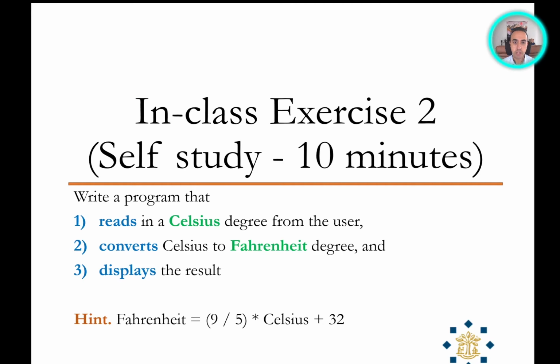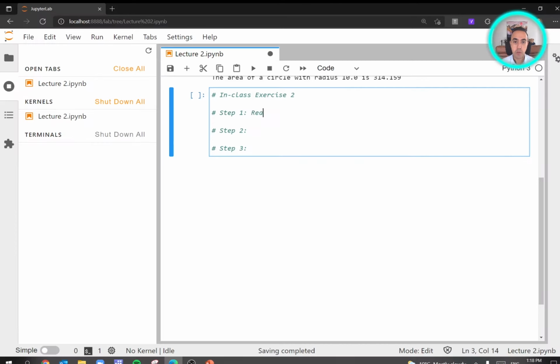The algorithm is actually given here. It consists of 3 phases, step 1, 2, and 3. The first step asks us to read in a Celsius degree from the user.